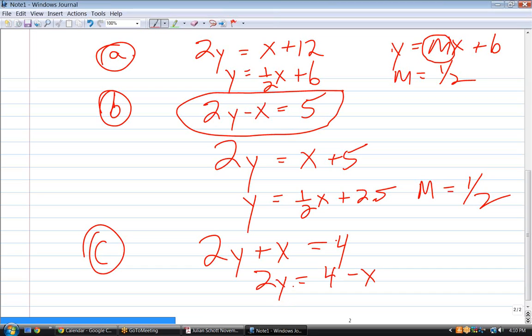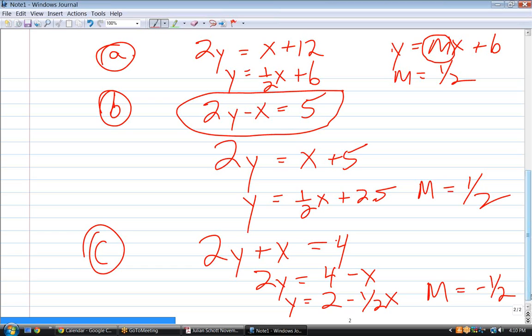Now what? Divide by 2. 2 minus half x. What's the slope of this line? Negative half.